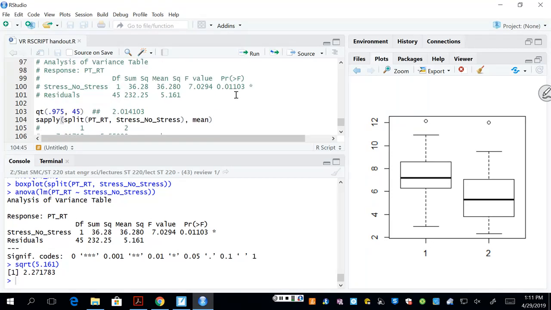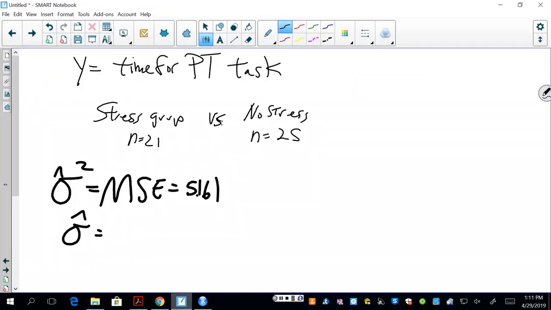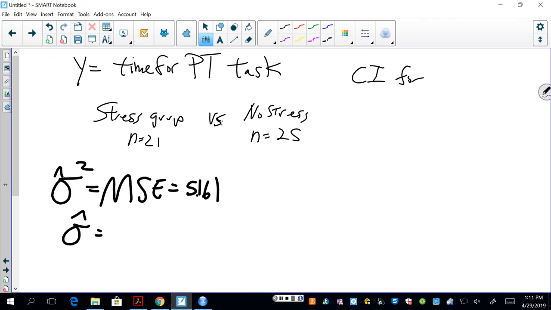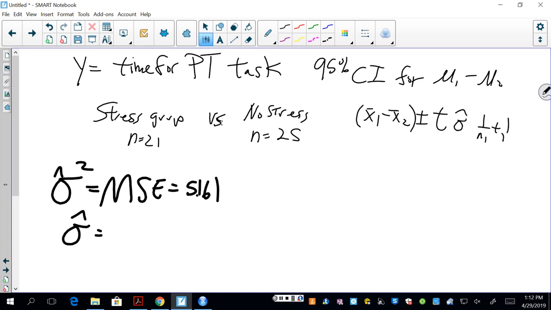And based on that, we could do a confidence interval for the difference between these two groups. So we're doing a 95% confidence interval for the difference of these groups. The average difference is x bar 1 minus x bar 2, plus or minus a t value times sigma hat times the square root of 1 over n1 plus 1 over n2.